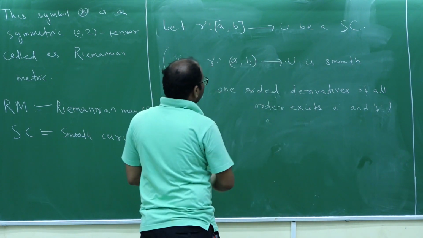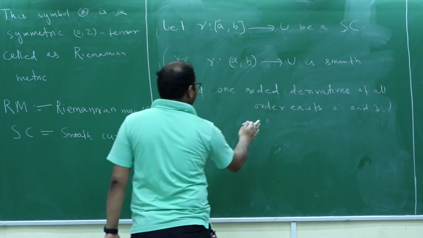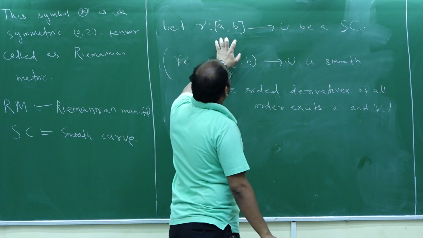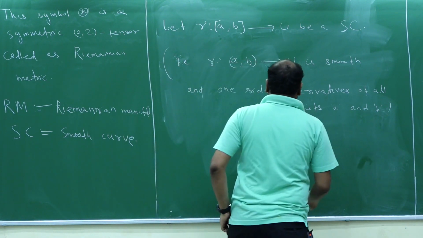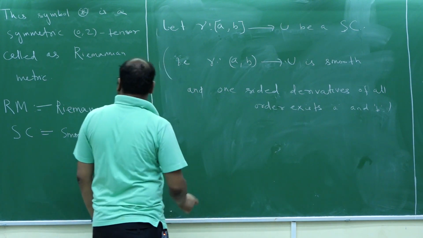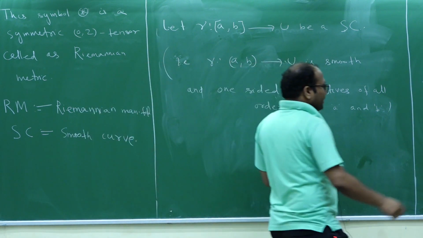Now let gamma from a closed interval A B be a smooth curve. I define the length of gamma.